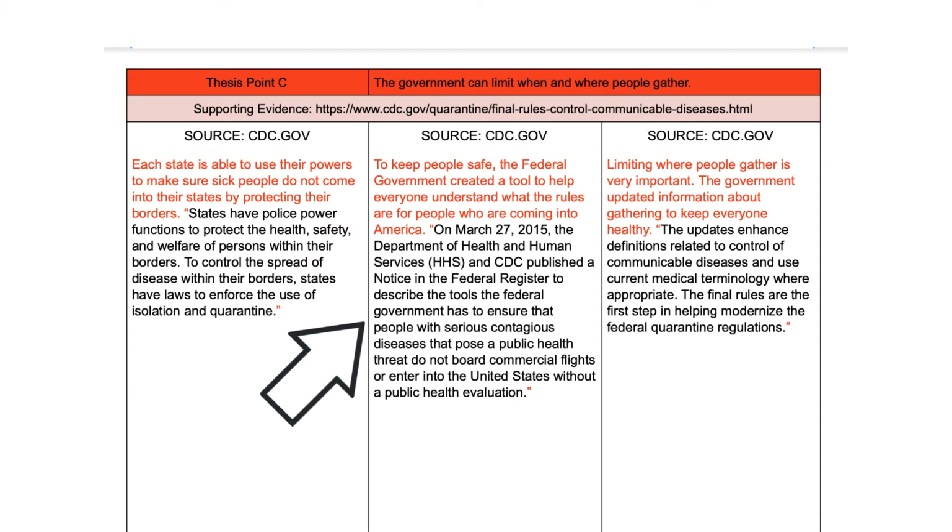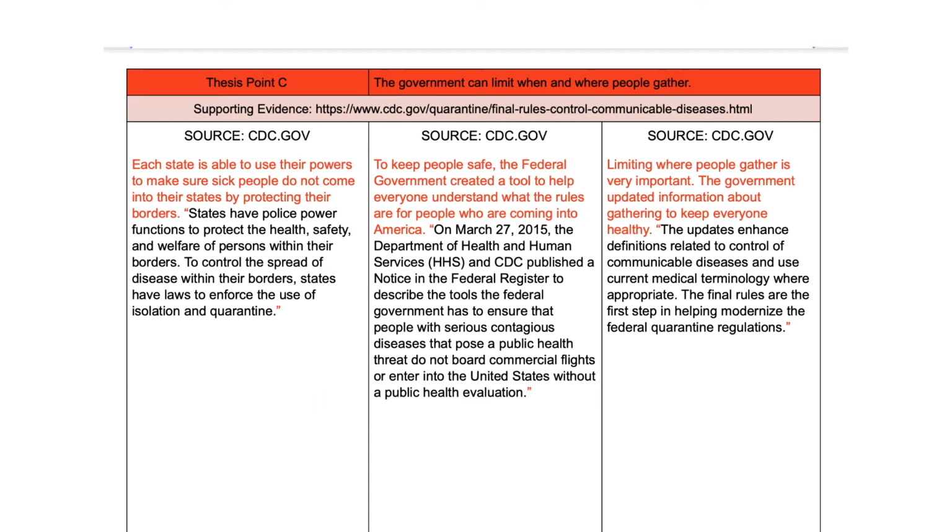On March 27, 2015, the Department of Health and Human Services, HHS, and CDC published a notice in the Federal Register to describe the tools the federal government has to ensure that people with serious contagious diseases that pose a public health threat do not board commercial flights or enter into the United States without a public health evaluation.